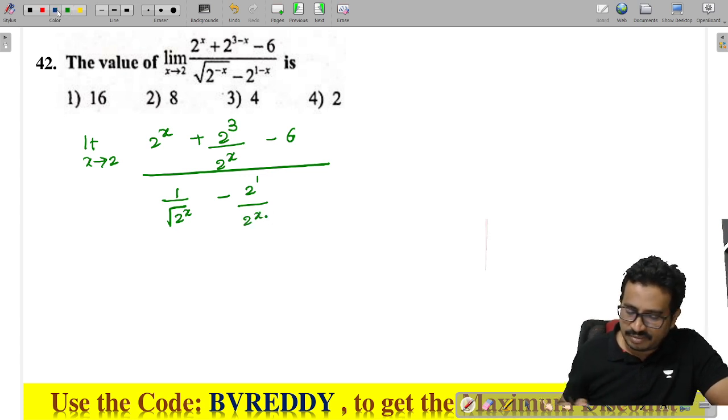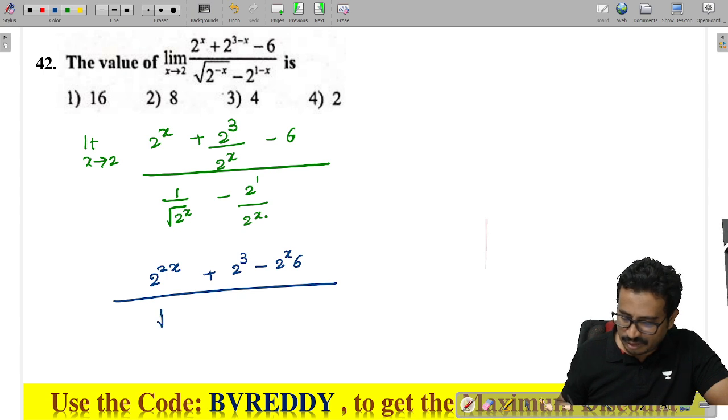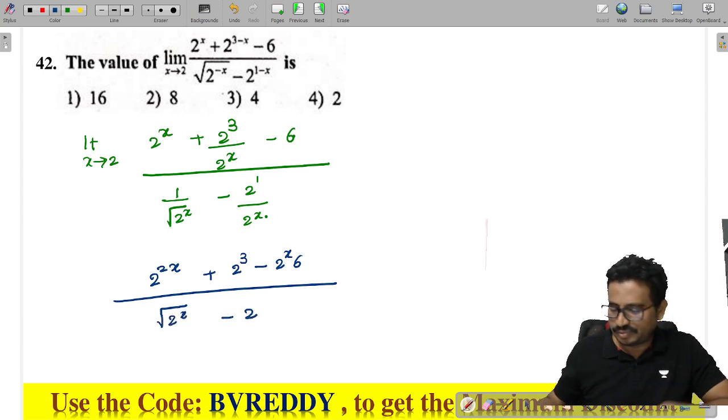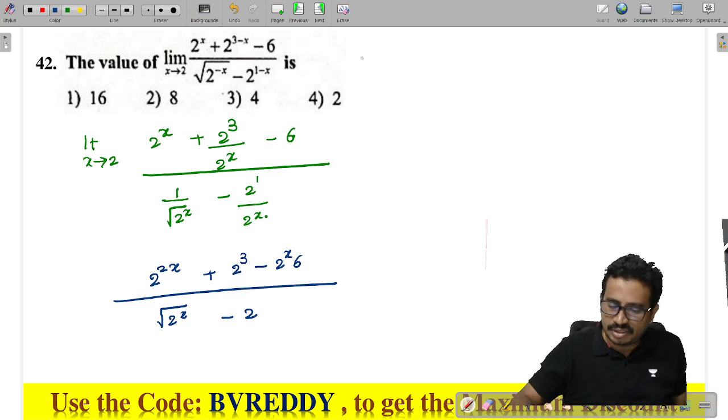Now take LCM and simplify this. So 2 power 2x plus 2 cube minus 2 power x into 6, by root 2 into 2 power x minus 2. Check this thing, all of you.